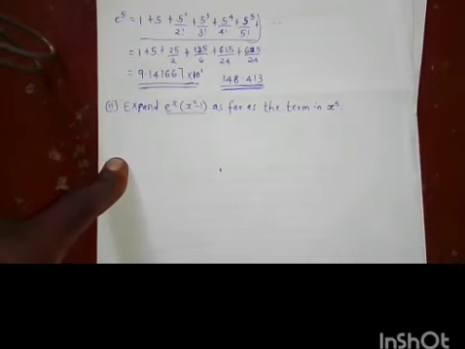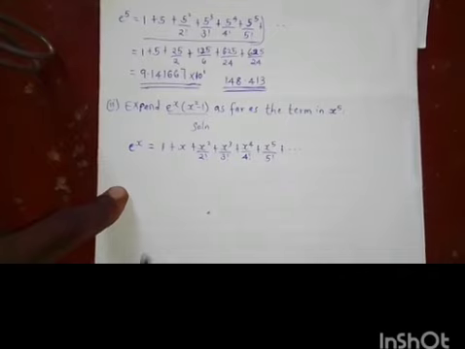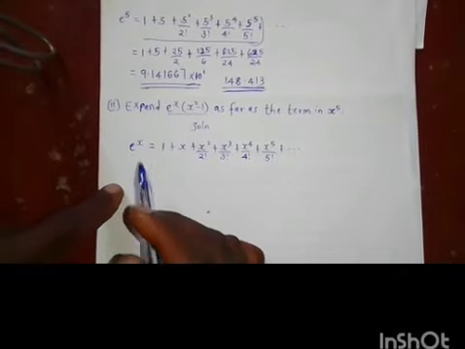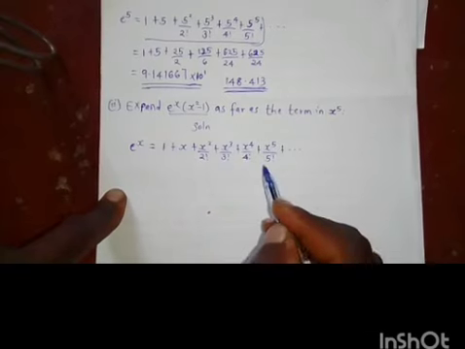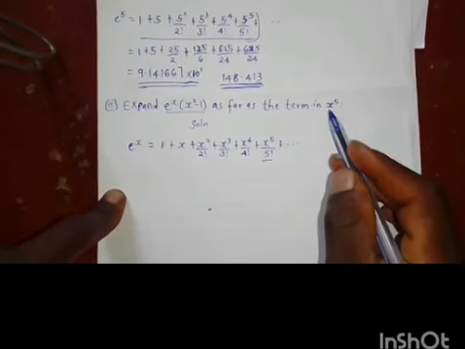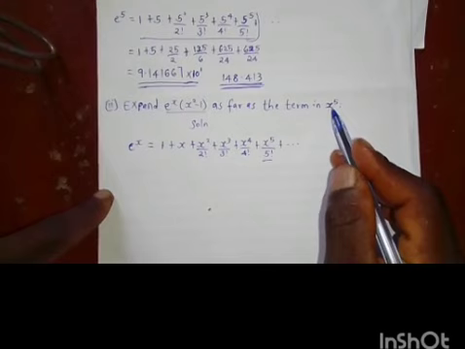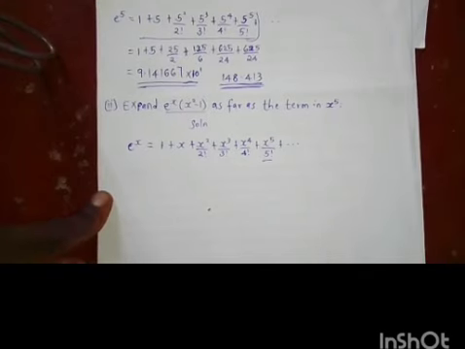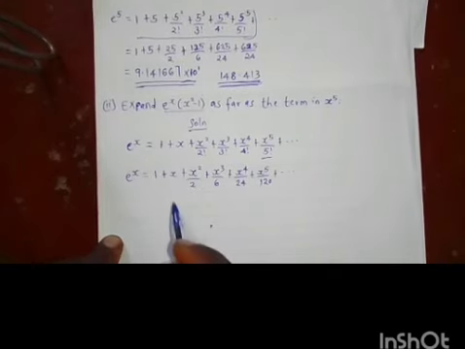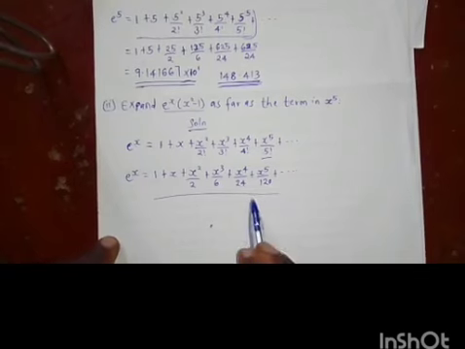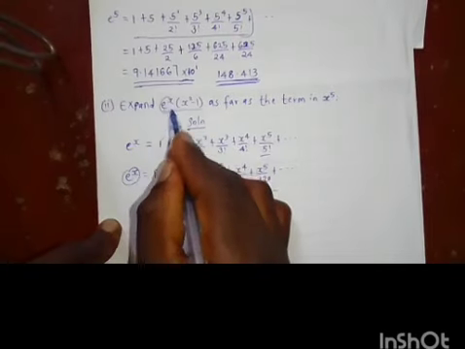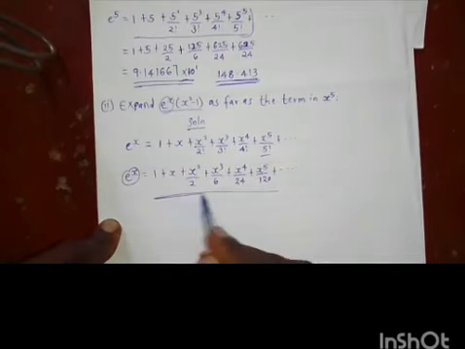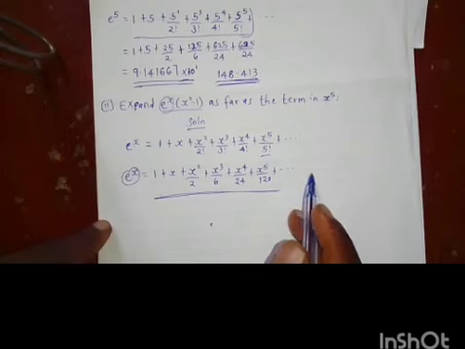So we write the power series for e to the power of x up to the term in x to the power 5. So we simplify in this form. Next step, we substitute e to the power x in this expression with this value.